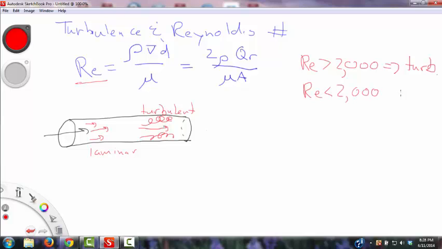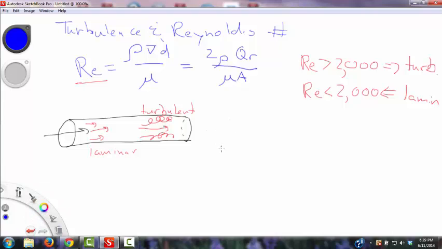There's something called a transition period where you can have mixing, bouncing around a little bit between turbulent and laminar, but for our purposes the cutoff is 2000. Greater than 2000 turbulent, less than 2000 you've got laminar flow. Okay, so I haven't explained what all of these numbers mean, so let's go back and do that.